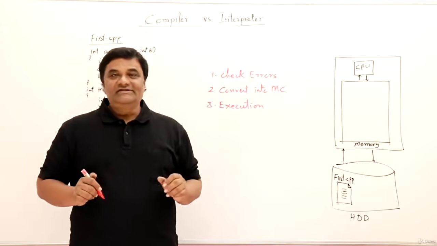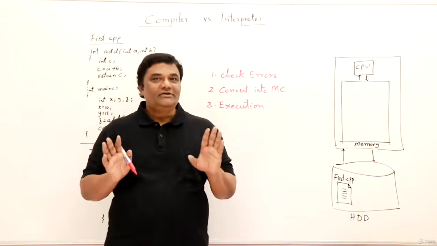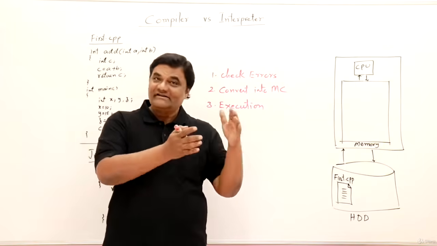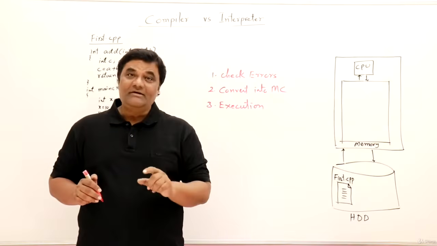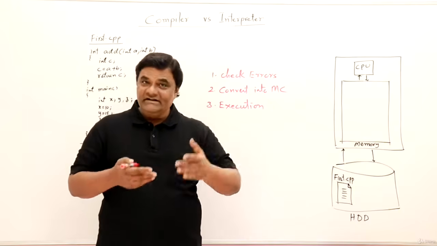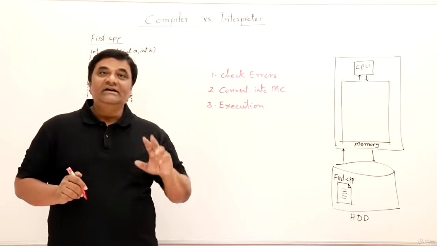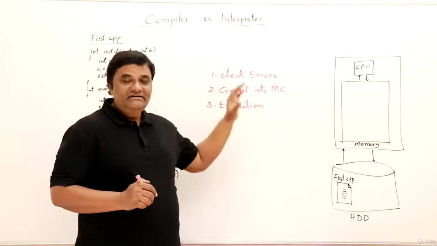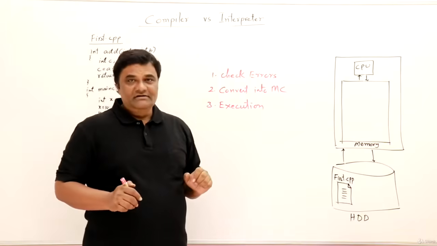Compiler doesn't take the responsibility of execution, but interpreter takes the responsibility of execution. Compiler is not involved in execution of a program. Interpreter is involved. We will learn all this in detail, step by step, the differences between compiler and interpreter. Just keep in mind these three major issues related to compiler and interpreter.